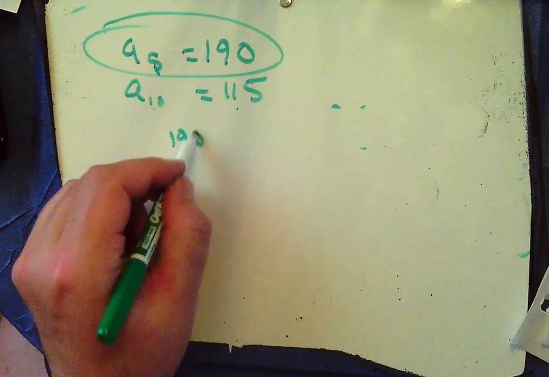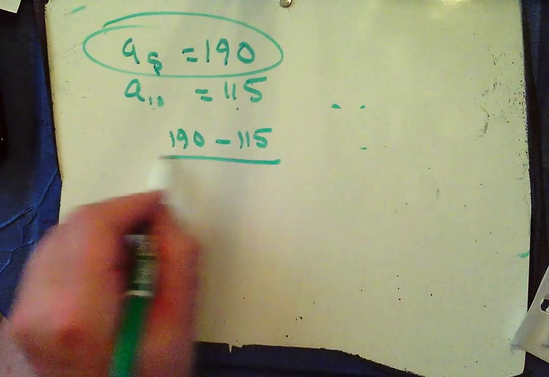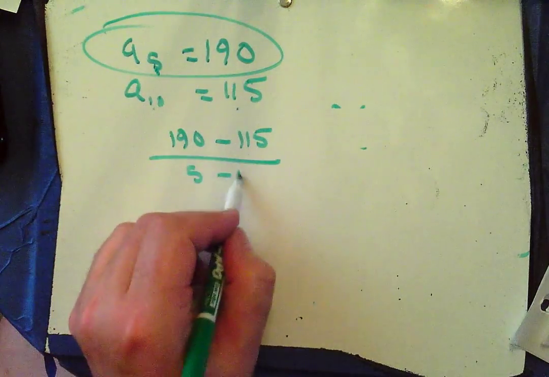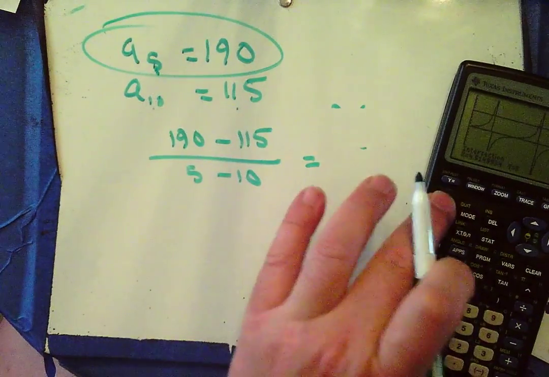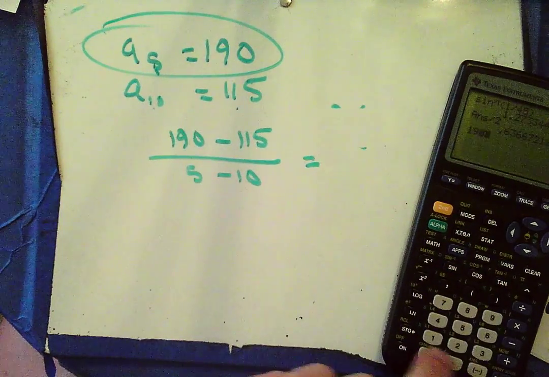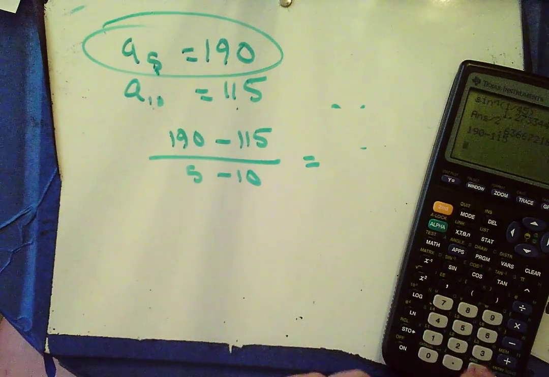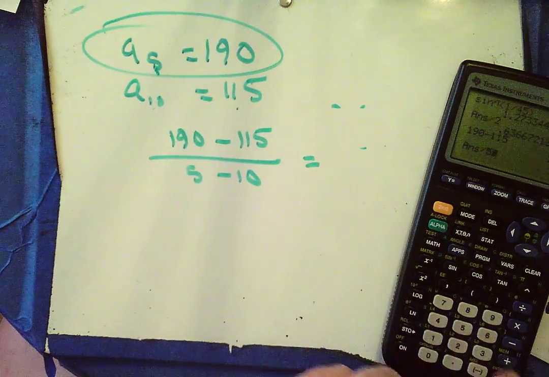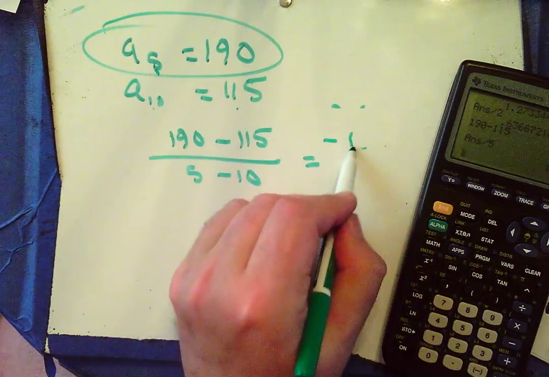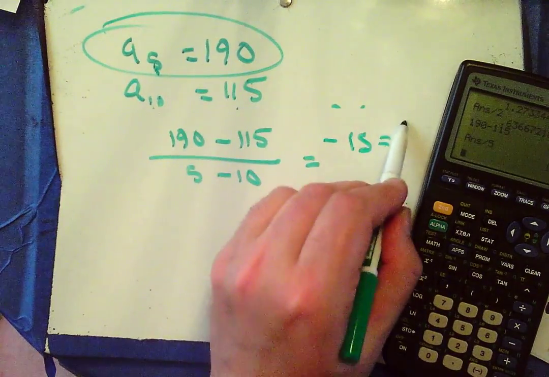So 190 minus 115 over 5 minus 10. So I get 190 minus 115, all divided by negative 5. Yeah, divided by negative 5 is 15. So this is negative 15 equals d.